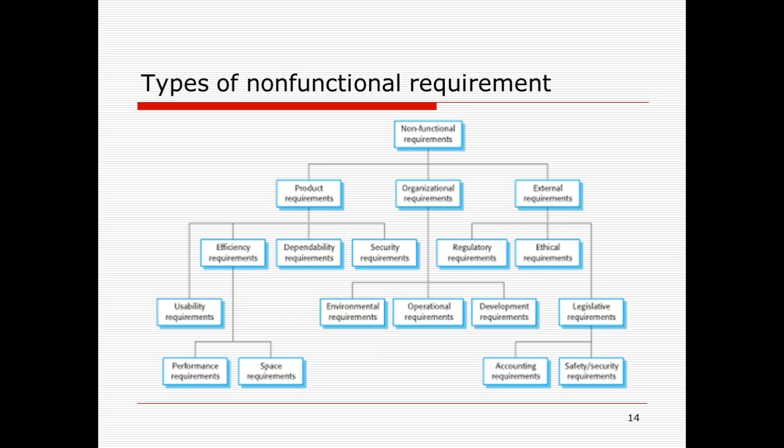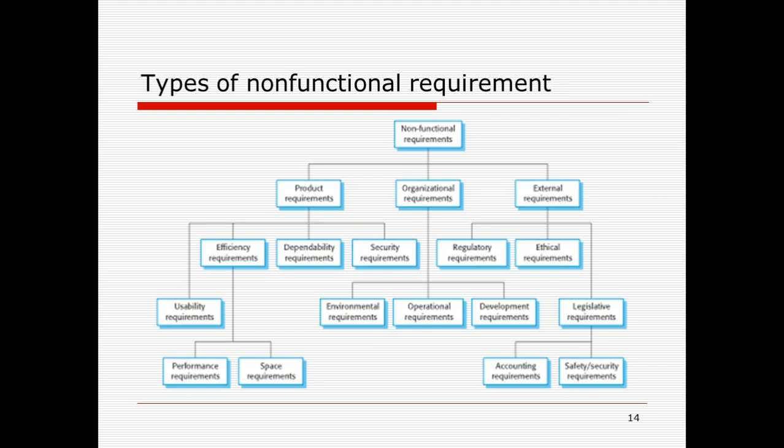If there are some regulations prescribed, that comes under regulatory requirements. External requirements basically are set by some external elements. Similarly, some ethical documents under which the software needs to work come under the purview of ethical requirements. If there are some legislative requirements which come from the government, that may belong to the legislative part.